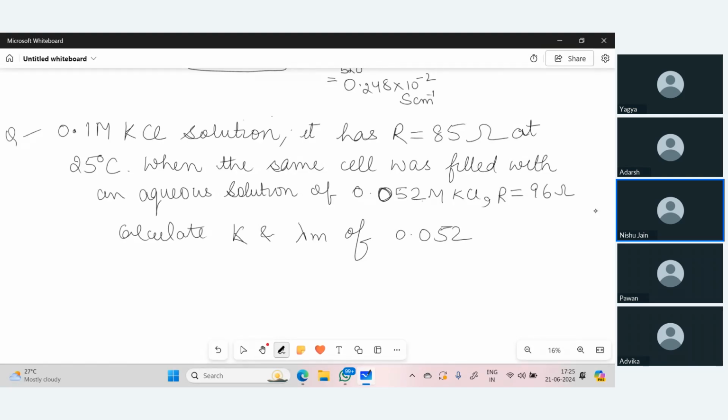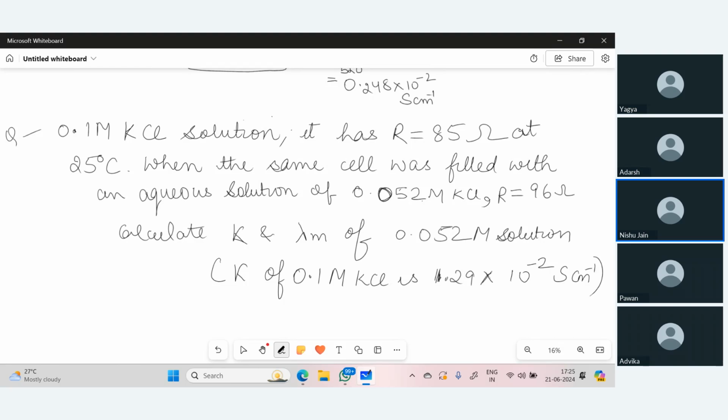It is given that conductivity of 0.1 molar KCl is 1.29 into 10 raised to power minus 2 Siemens per centimeter. Now do this one.